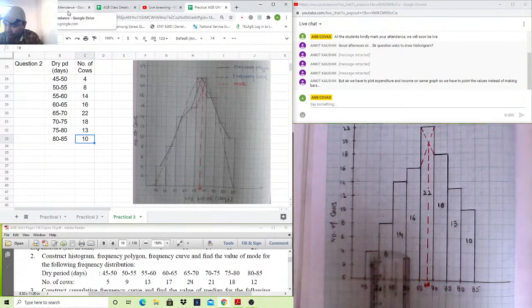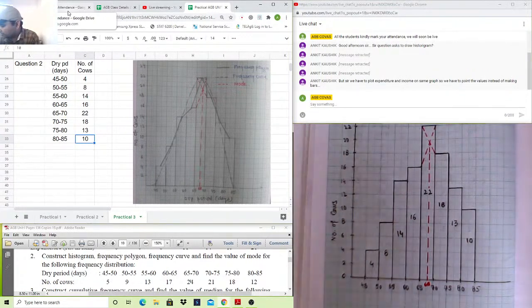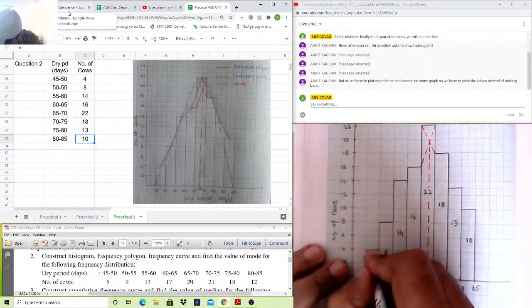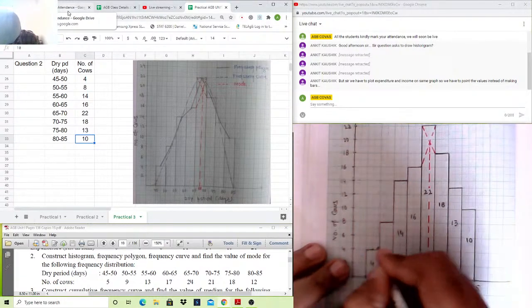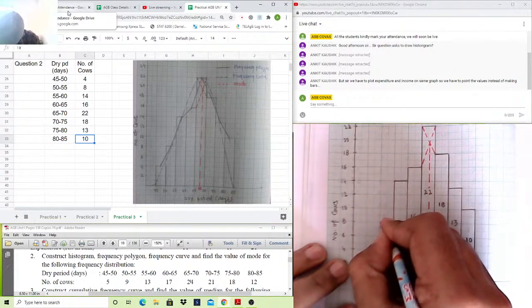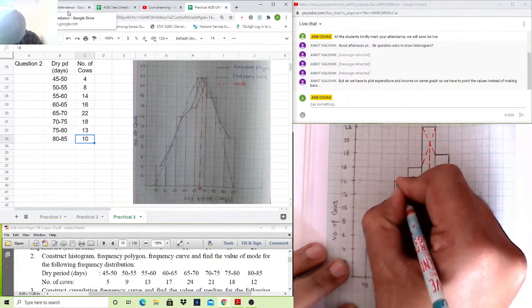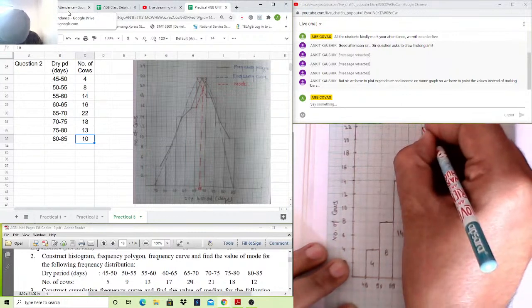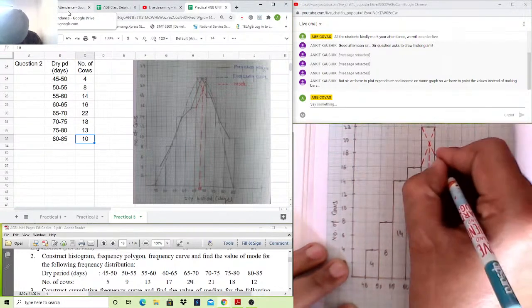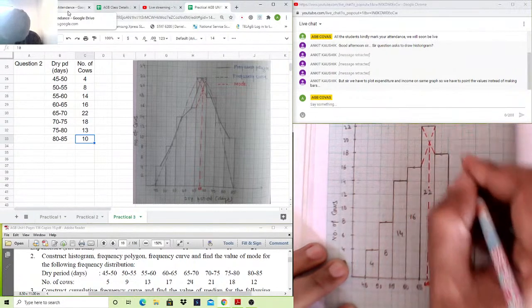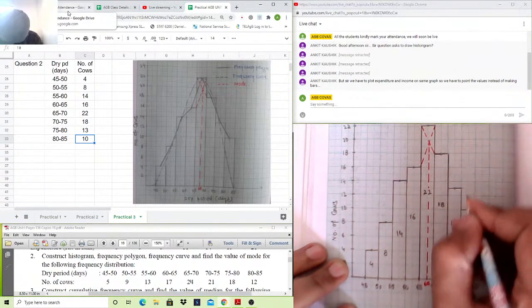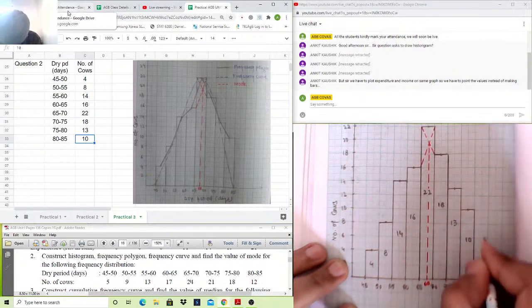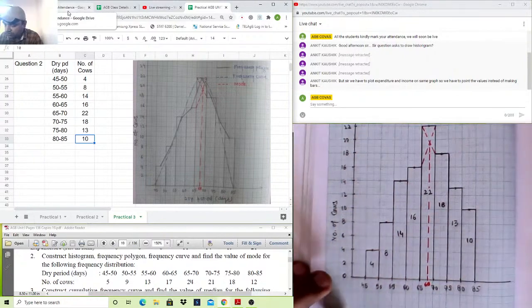Now, how to make a frequency polygon? For making a frequency polygon, you have to point out the midpoints of each bar. These are the midpoints of your bars, and then you have to join all these midpoints using a scale.